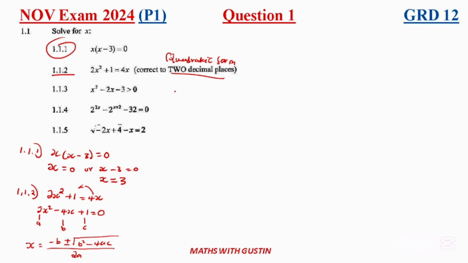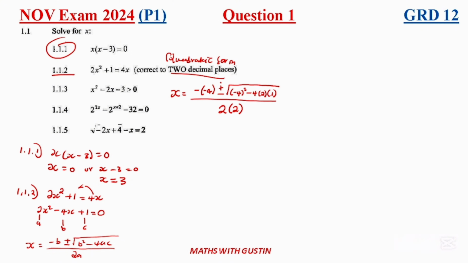X is equal to minus b, which is minus minus 4, plus or minus the square root of minus 4 all squared, minus 4 times a, which is 2, times c, which is 1, all over 2 times a, which is also 2.